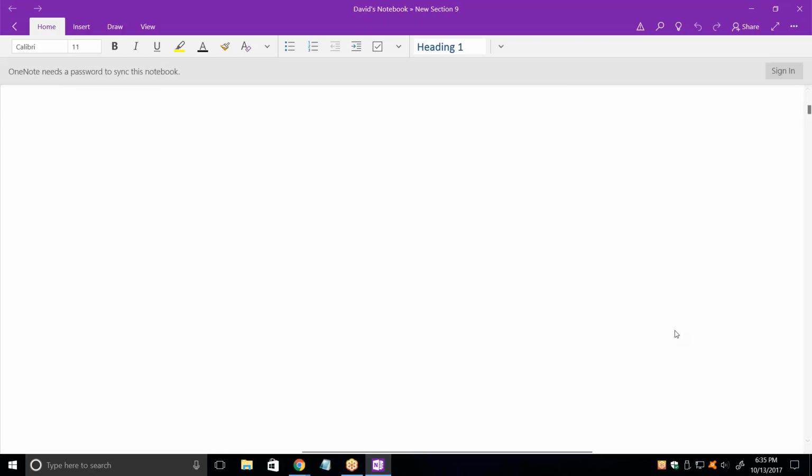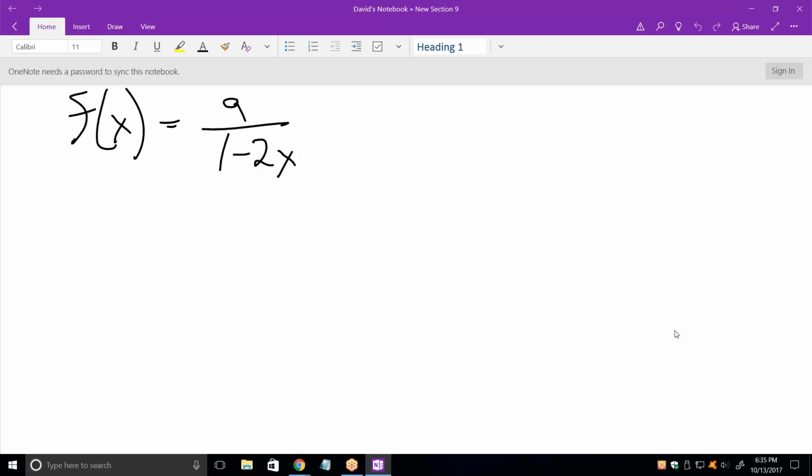Next one is f of x equals 9 over 1 minus 2x. Immediately, we see there's a domain restriction there. You cannot divide by 0.